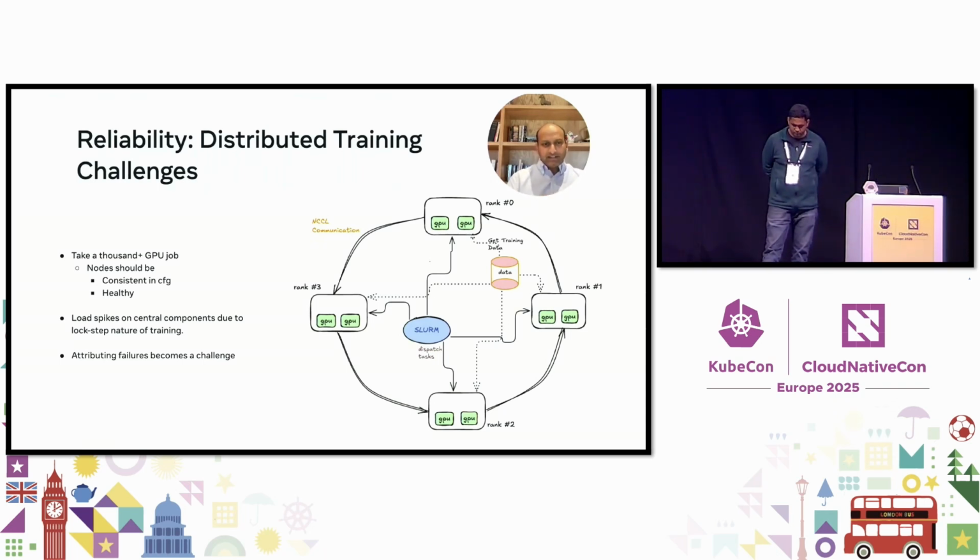There are different training aspects, but one key thing to understand here is that all workers need to be consistent in terms of configuration. If you have divergences among these nodes, you don't have control over the outcomes, right? And the nodes need to be healthy in order for the training to make forward progress.